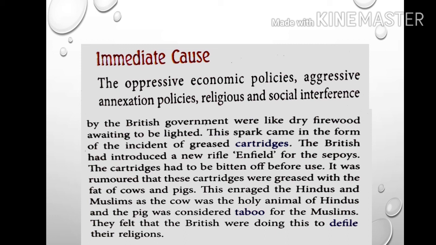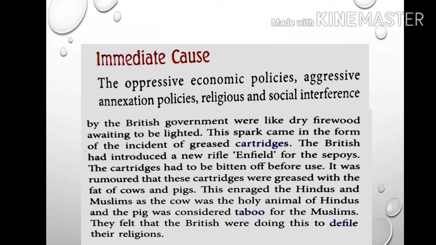Taboo means a subject that is considered offensive, because Islam does not allow pork, so Muslims are not allowed to eat pork. So Muslims had a taboo that they couldn't bite off something that was coated with the pig fat.